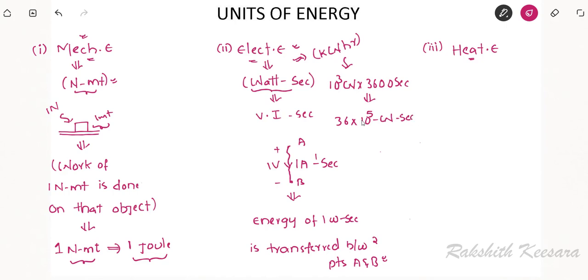And the important thing here is 1 watt second is also equal to 1 joule. In mechanical energy, 1 Newton meter is equal to 1 joule. In electrical energy, 1 watt second is equal to 1 joule. Is this okay? So 1 kilowatt hour is equal to 36 into 10 power 5 joules.